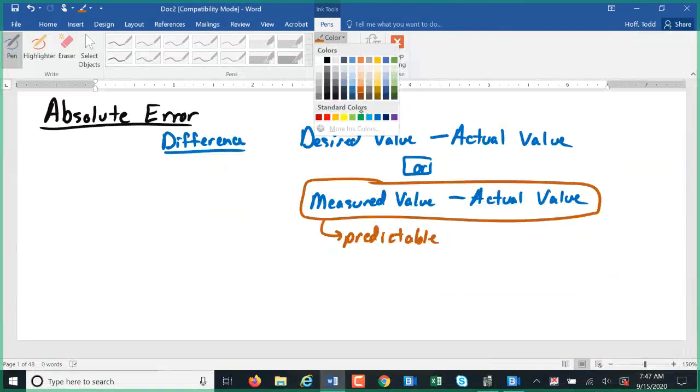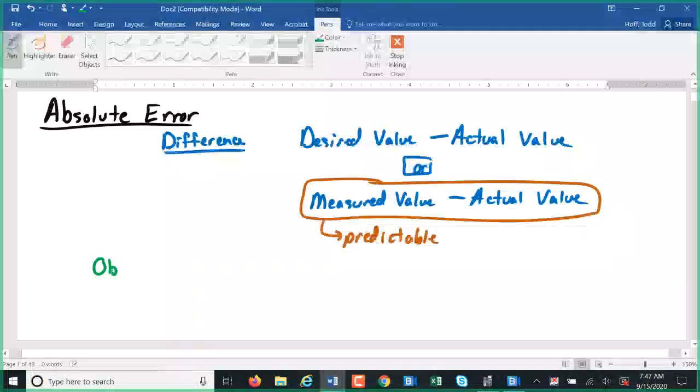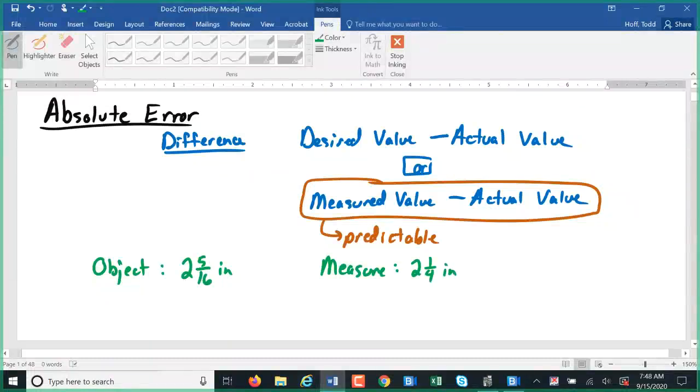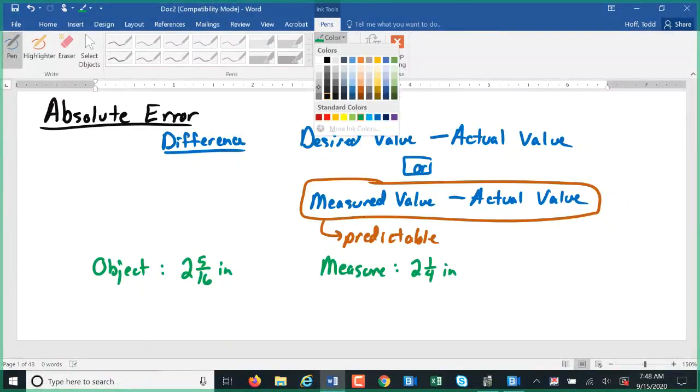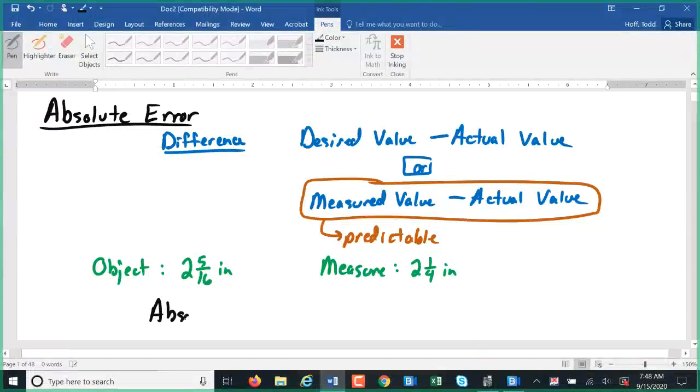So if we have an object that is 2 5/16 inches, and we measure it at 2 1/4 inches, our absolute error is the difference between those.